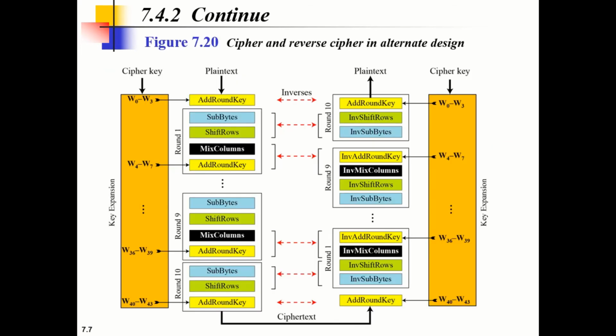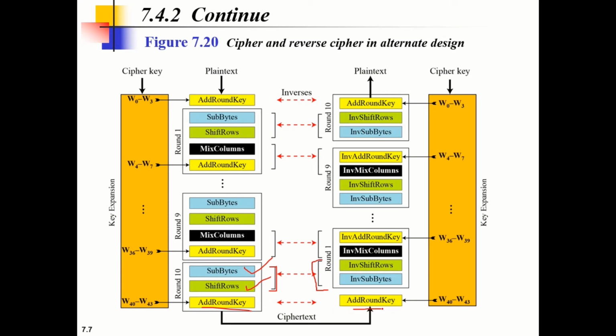So this is the structure which is implementing the alternate design which we have just discussed. Here you can see we have just changed the sequence of these operations which we are performing, right? So here, like SubByte we are performing first, then ShiftRows we are performing first, and the sequence of add round key will be the same.